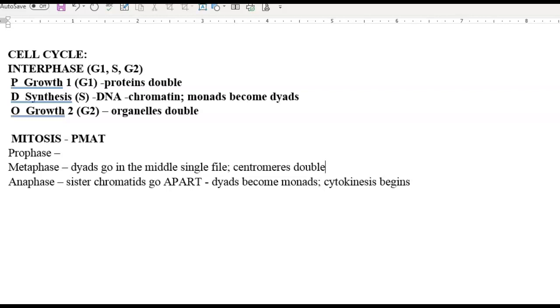We'll talk about cytokinesis a little bit later. Let's go to the T now. Telophase. On telophase, we're going to consider this to be 2, which will actually become 2 cells. So prophase, I said that was preparation.